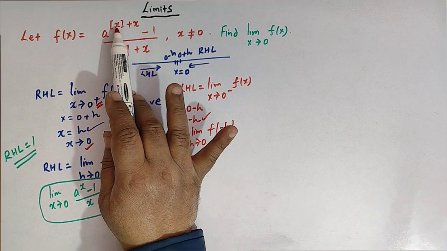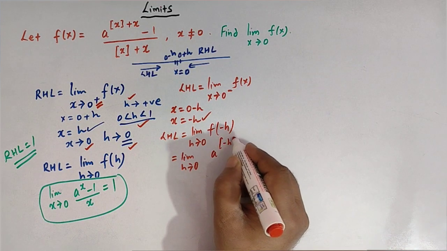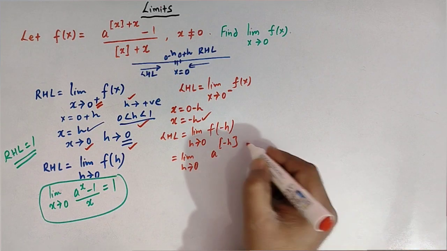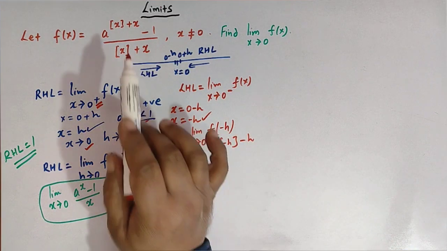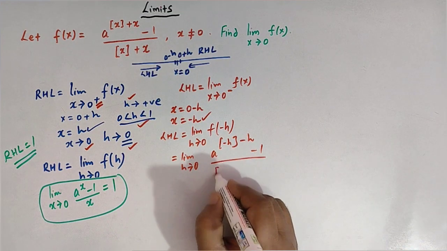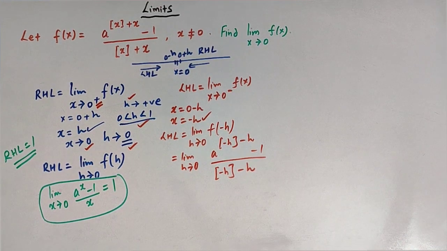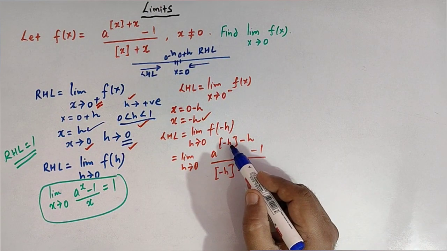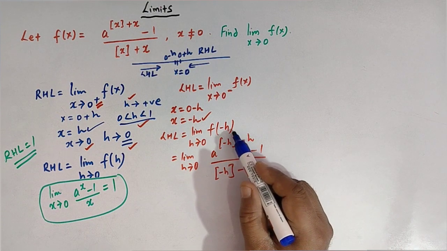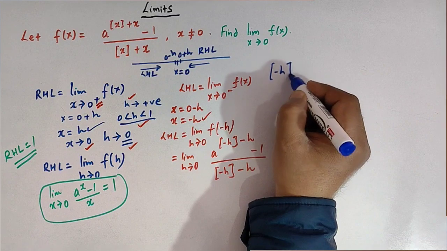So here replacing x by minus h, we'll have a raised to greatest integer of minus h, then here we have minus h because x is minus h, and here we have minus 1, and here we have greatest integer of minus h, minus h, right? And again, see here we cannot directly substitute h is equal to 0. So what we will do, we will try to find out the value of greatest integer of minus h, right?